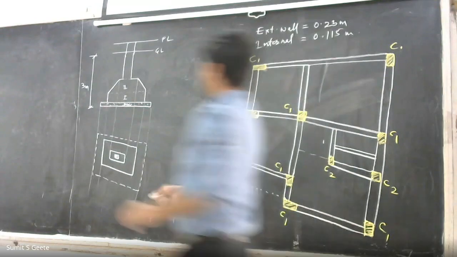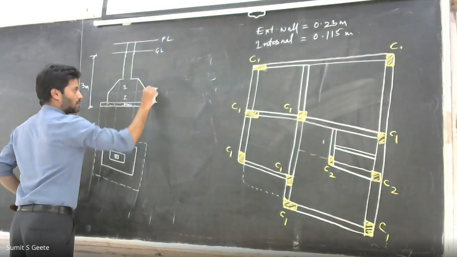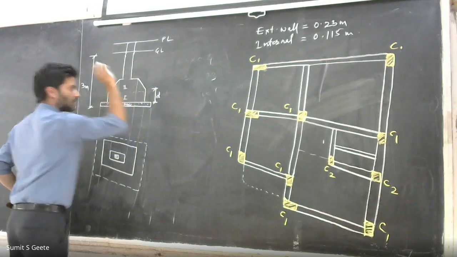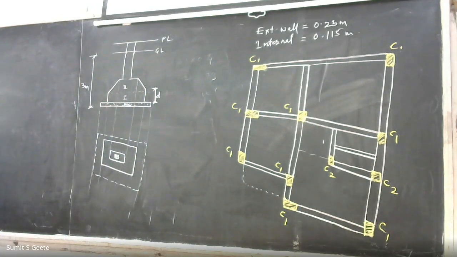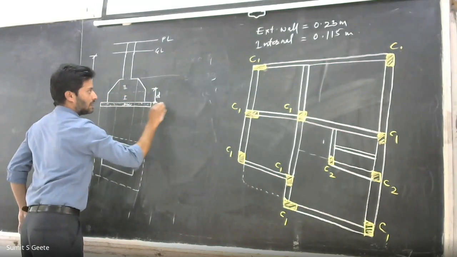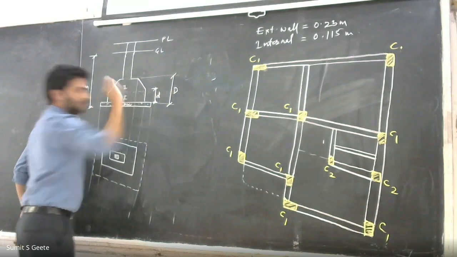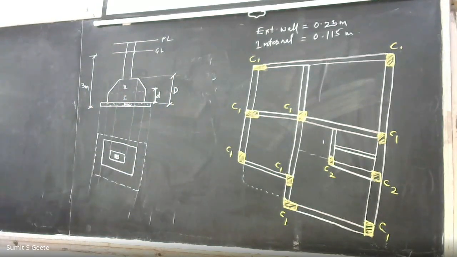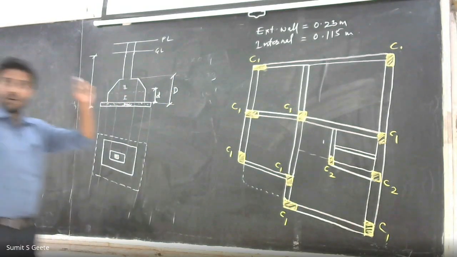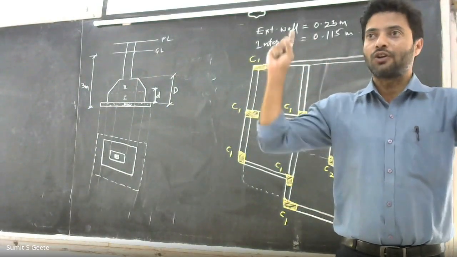Now, in this case, this distance is called as small d, and this distance is called as capital D. So what exactly the small d is? Small d is nothing but it is a depth of your rectangular part of trapezoidal footing.